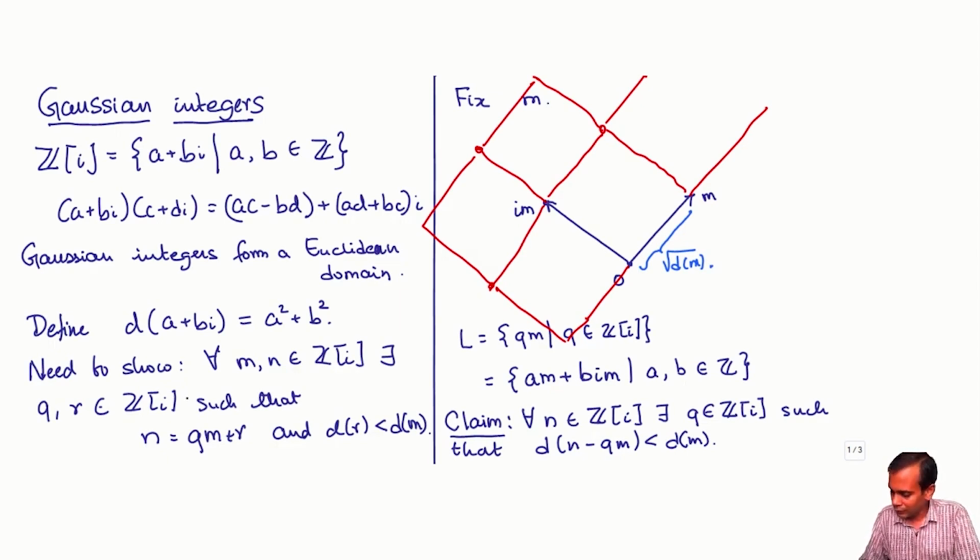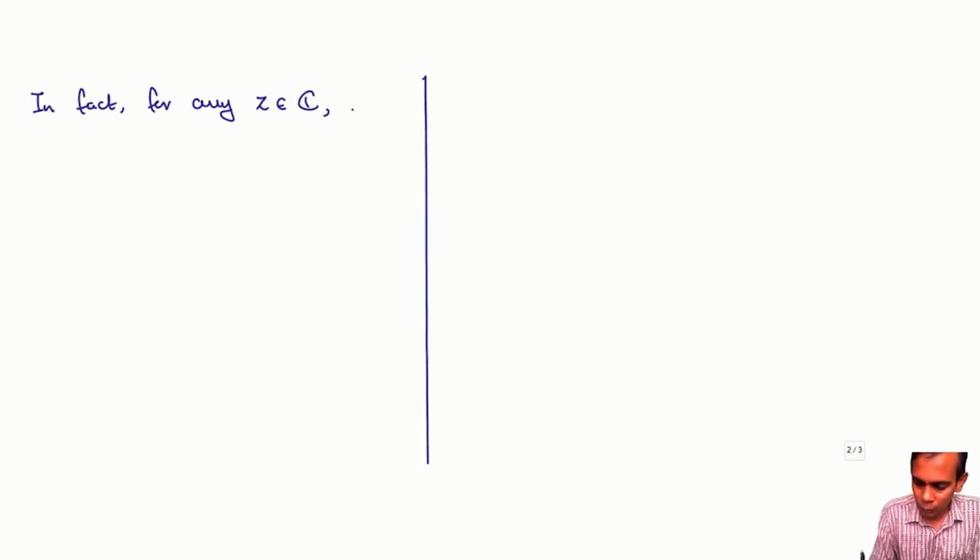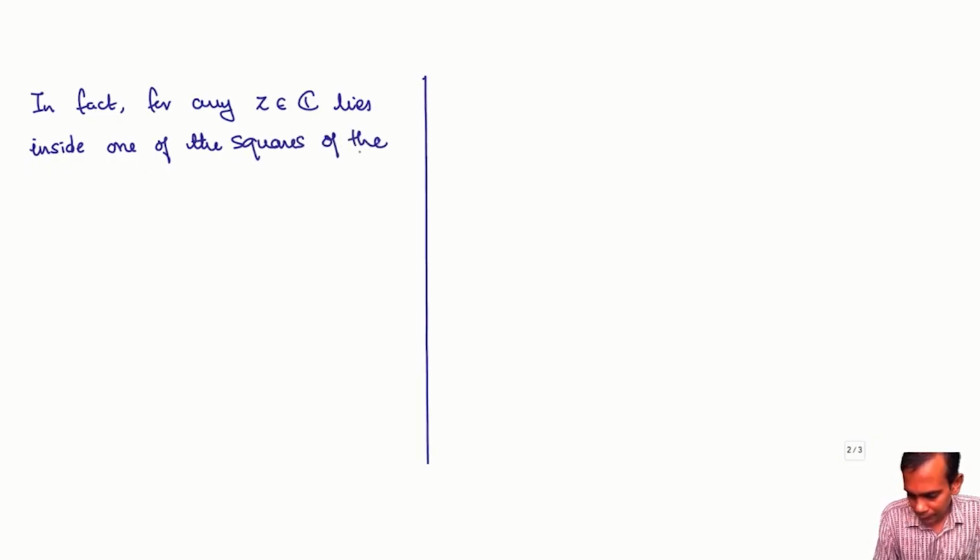Actually this is a very geometric proof. In fact, I claim that every complex number lies inside one of the squares of the lattice L.